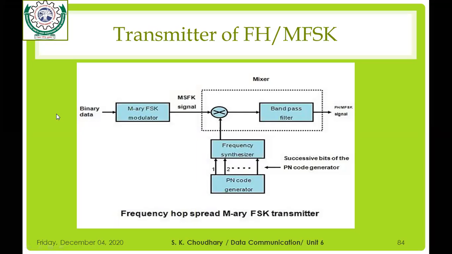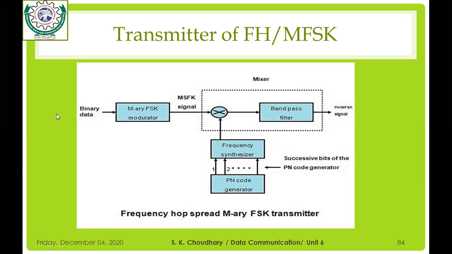The mixer consists of a multiplier followed by a band pass filter. So the inputs of the mixer are the output of the MFSK modulator as well as the output of the frequency synthesizer, and then the output of the multiplier is passed through the band pass filter.